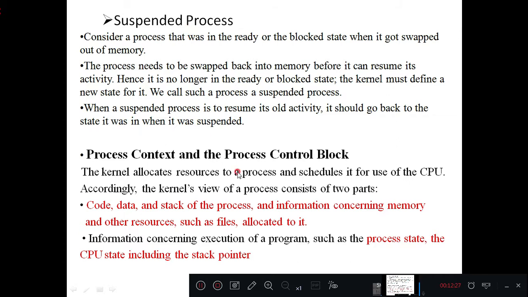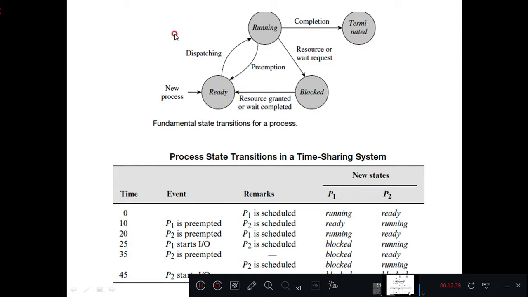I missed it here somehow. So in the next class, I'll explain the concept of the suspended process and this particular state transition diagram.